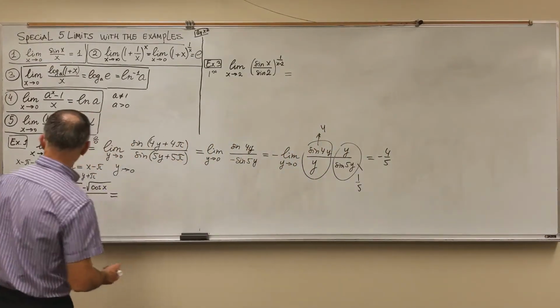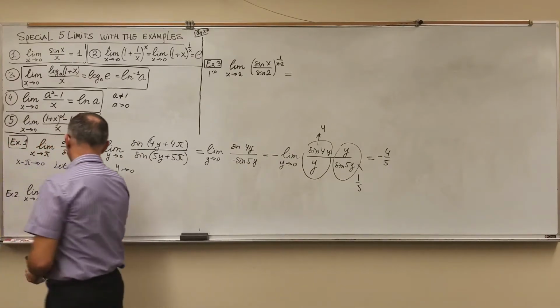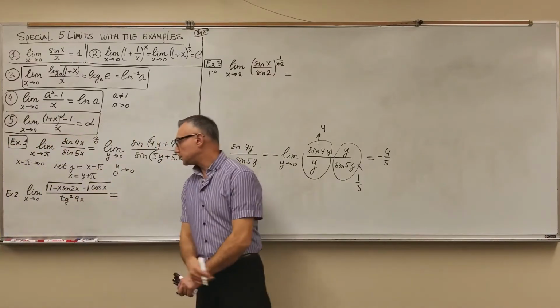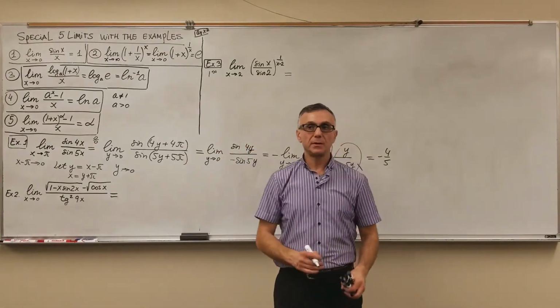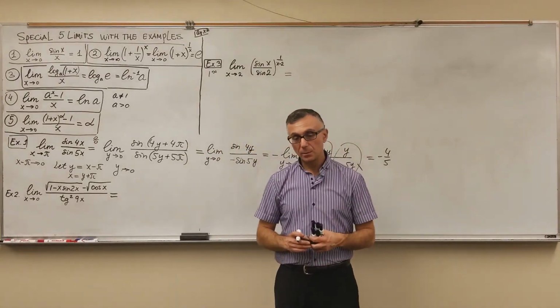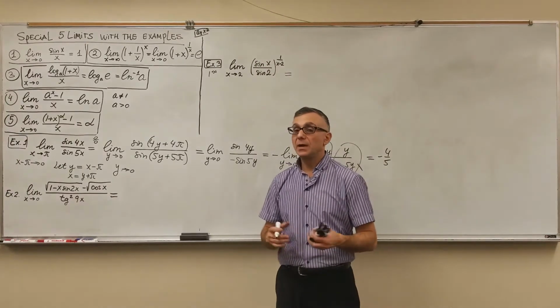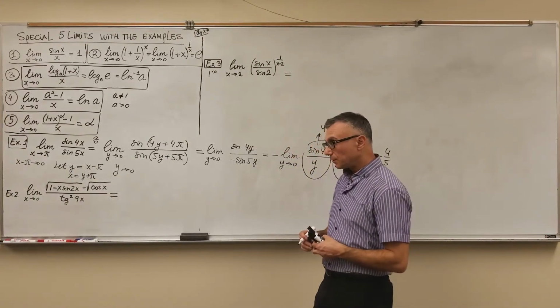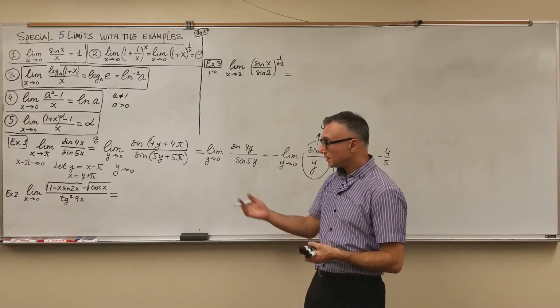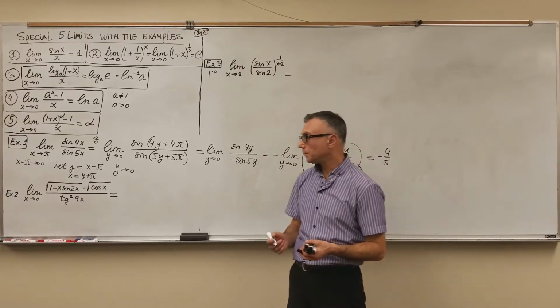Example 2: the limit of the difference of the roots over tangent squared 9x. If you remember, when I was proving the wonderful limit number 1, I said there are many ways to resolve the indeterminate forms. That's also a 0 over 0 indeterminate form.